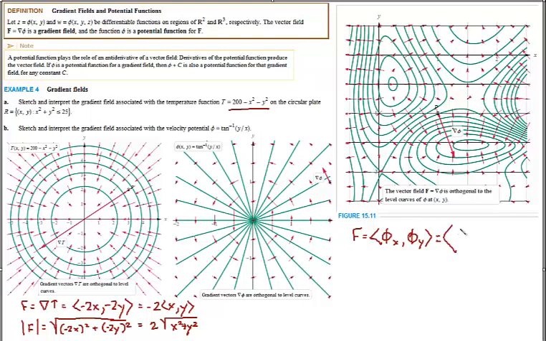When you do this, you're going to end up with minus y over x squared plus y squared and x over x squared plus y squared. And notice that the level curves of phi are the lines y over x equals c, or y equals cx. At all points off the y-axis, the vector field is orthogonal to the level curves, which is then going to give us this rotational curve.